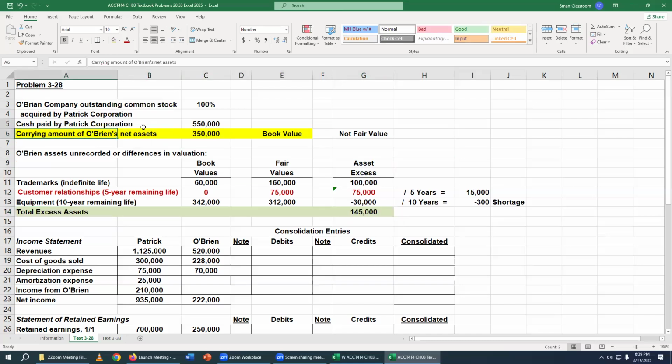And this is the carry amount they have on their books. So what would the identifiable assets be? These are all identifiable assets. Should label that. So we're trying to figure out what the goodwill would be. I'm gonna change this back to regular.